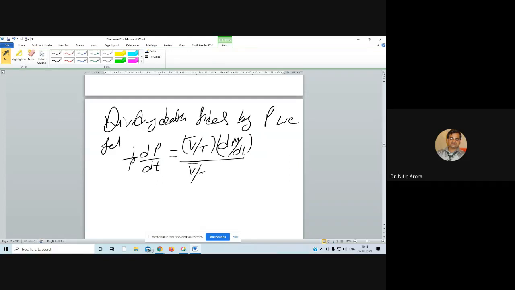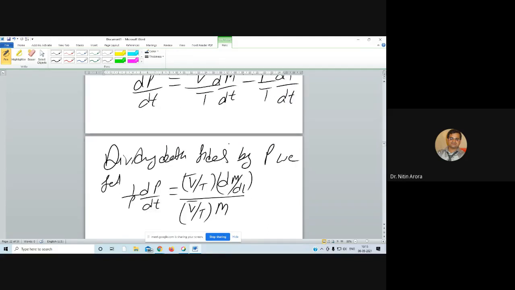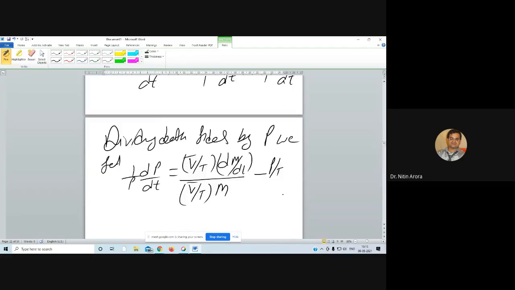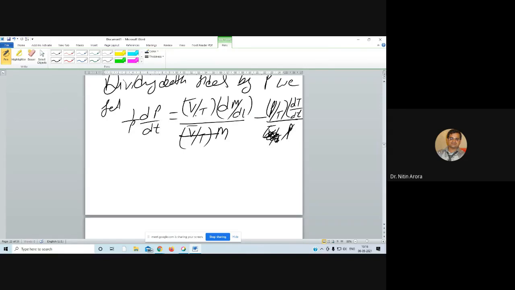V bar upon T into m, minus P upon T dT upon dt divided by V bar upon T. Okay, divided by P. It is ultimately P. We can directly write P. What is the need to fill the value? So this P and P will be cancelled out. Okay. This and this will be cancelled out.